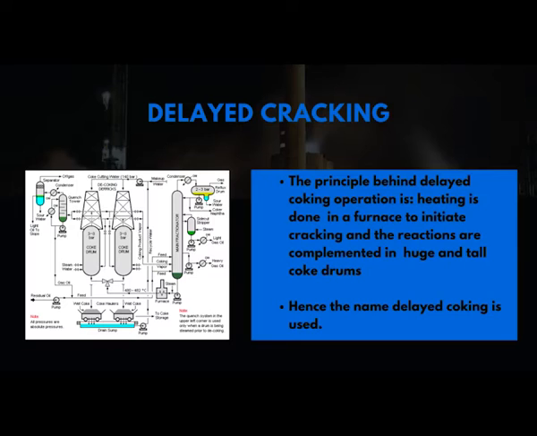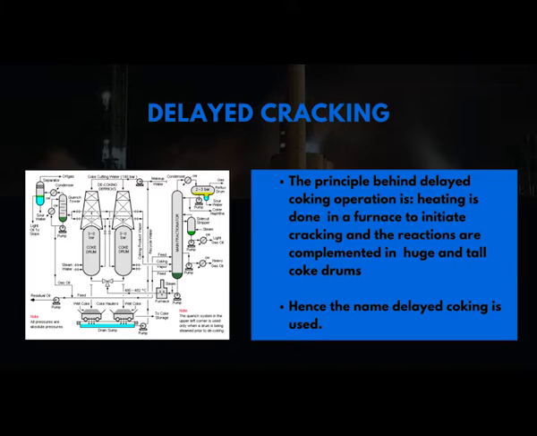As a rule, a series of such coke drums will be put into service in a refinery. While one drum is engaged in getting the feed, the other drum shall be in the process of coking or decoking. Invariably, you will have more than two coker drums in most refineries.